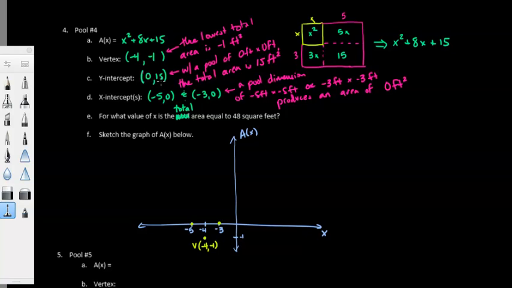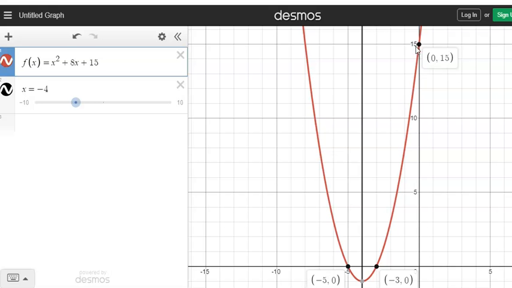I'm going to graph my y-intercept at 0, 15. Let's say that way up here is where 15 is. So there is 0, 15. I like to have 5 points when I sketch the graph of a parabola, so I'm going to do the mirror image of this y-intercept point. On the exact opposite side of my axis of symmetry, I have -8, 15.